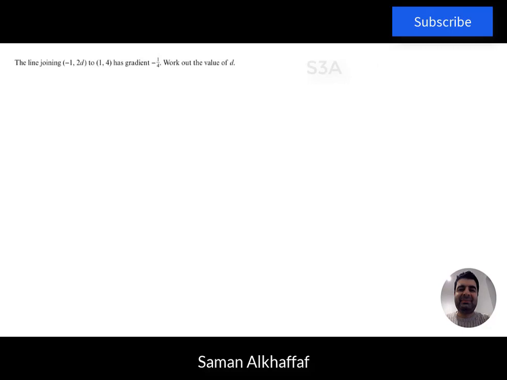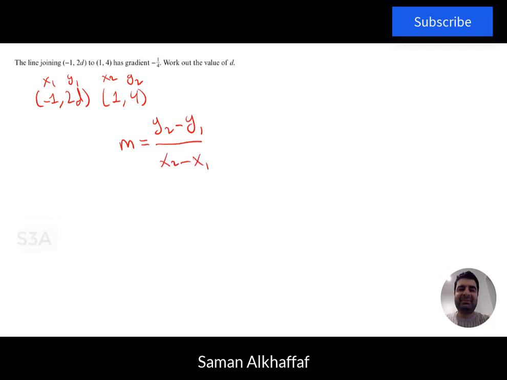In this example, we have the line joining 2 points, -1 and 2d, which represents x1, y1, and we have also 1 and 4, which represents x2, y2, and we have the gradient being y2 take away y1 over x2 take away x1.